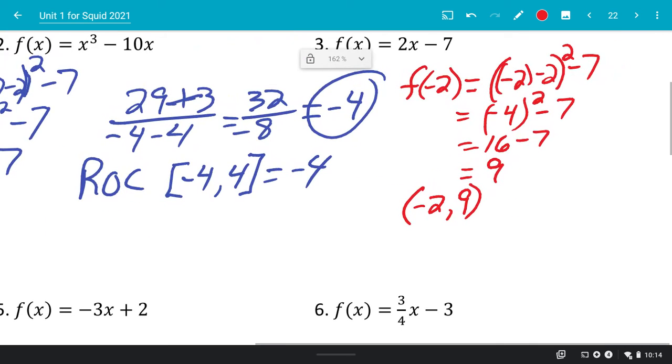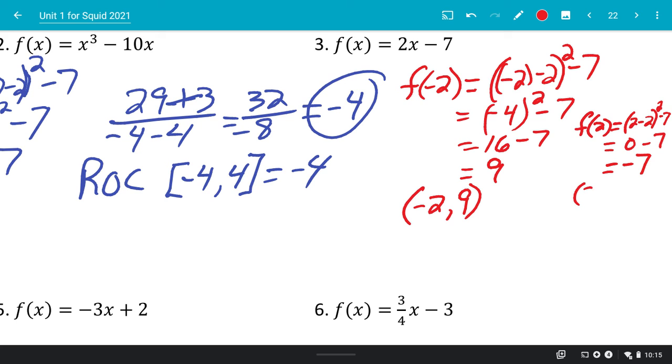Cool? Now let's find f of 2, which is 2 minus 2 squared minus 7. Well, 2 minus 2 is 0. 0 squared is 0. 0 minus 7 is -7. That good? Yeah. All right.